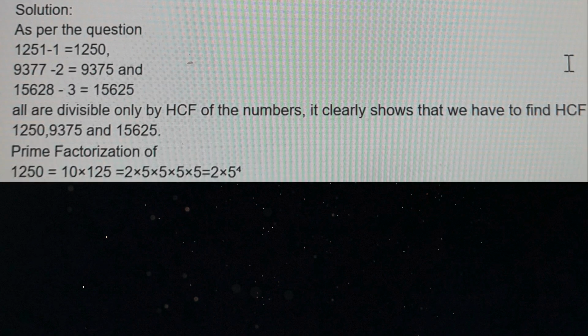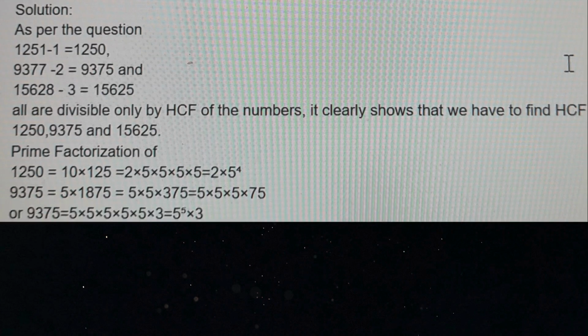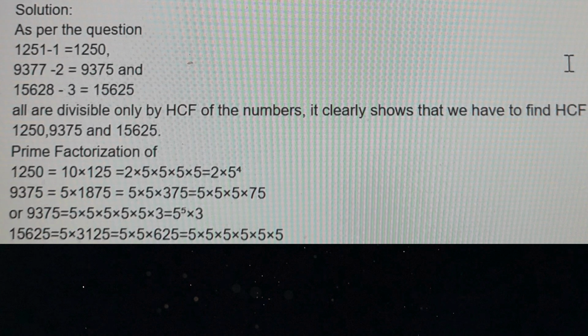Prime factorization of 1250 is equal to 10 times 125 equals 2 times 5 times 5 times 5 times 5 equals 2 times 5 raised to 4. 9375 is equal to 5 times 1875 equals 5 times 5 times 375 equals 5 times 5 times 5 times 75, or 9375 equals 5 times 5 times 5 times 5 times 5 times 3 equals 5 raised to 5 times 3. 15625 equals 5 times 3125 equals 5 times 5 times 625 equals 5 times 5 times 5 times 5 times 5 times 5.